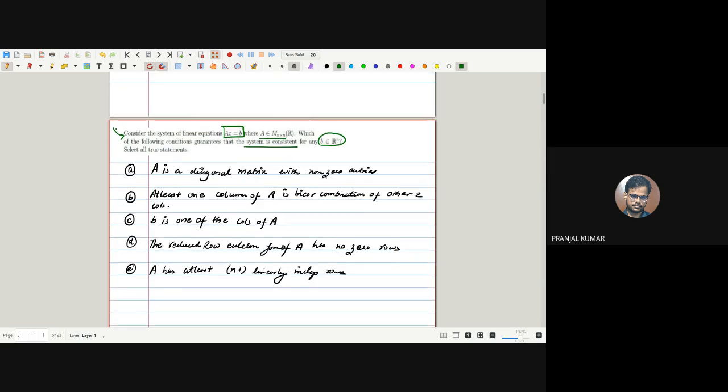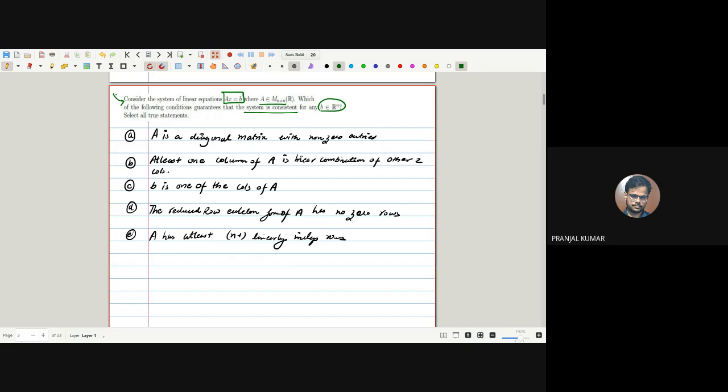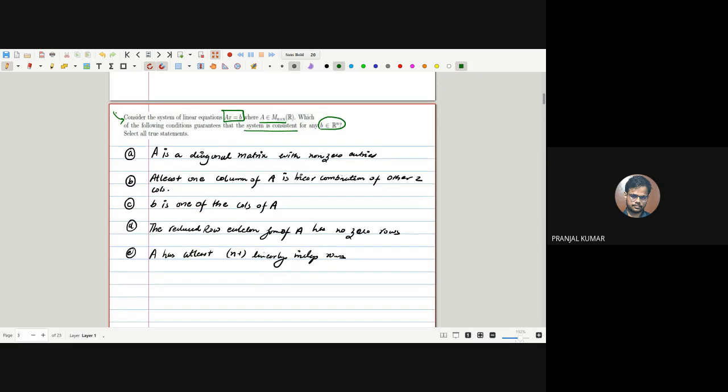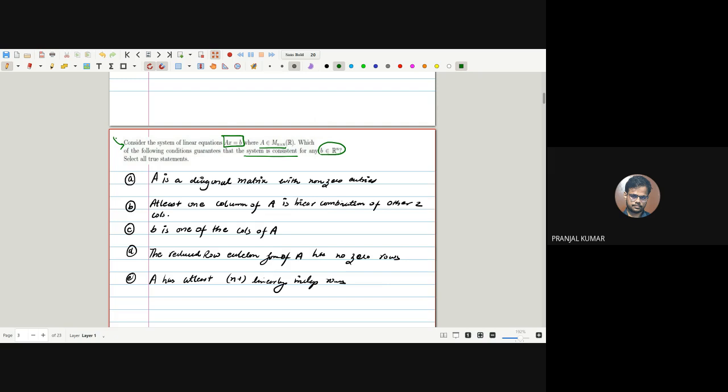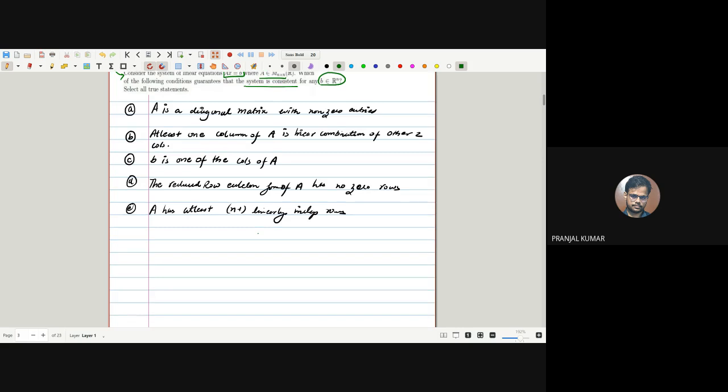I don't know how this question is there, because you need to know... okay, just wait. So A is a square matrix. Fine. A is a diagonal matrix with non-zero entries. So you know that when there is a diagonal matrix with non-zero entries, first of all there is zero here, and there are non-zero entries here.